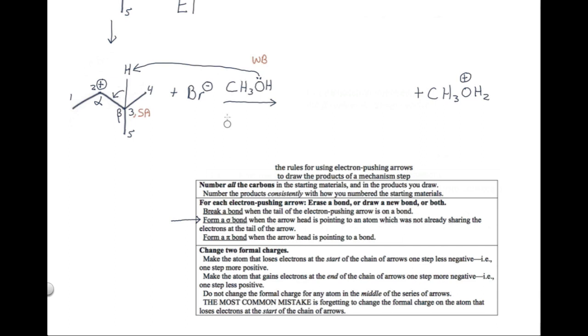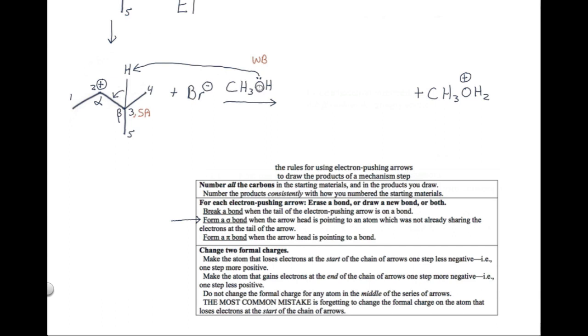That's the type of arrow that tells us to form a sigma bond. This rule is a little bit complicated, so I'm going to go into more detail later in this video to make sure that you understand this rule. But for the time being, I think it's fairly intuitive that this is an arrow that tells us to form a bond between the oxygen and this hydrogen.